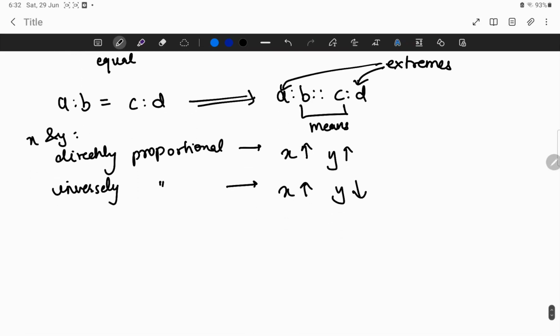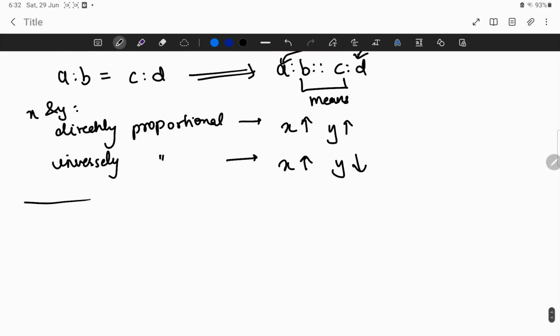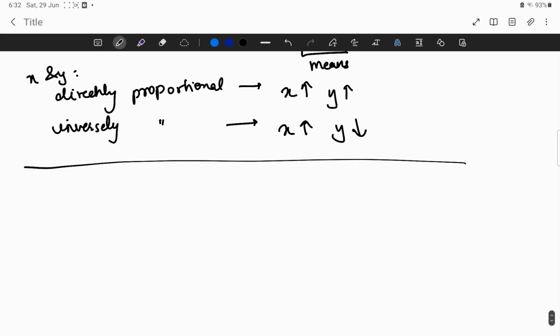Let us discuss some properties. So while explaining ratio, I actually discussed several properties, which are componendo dividendo property, convertendo property, dividendo property, and also componendo property. But there are certain properties that I have not discussed, and it is solely related to proportions.